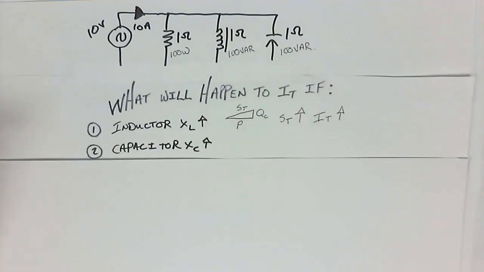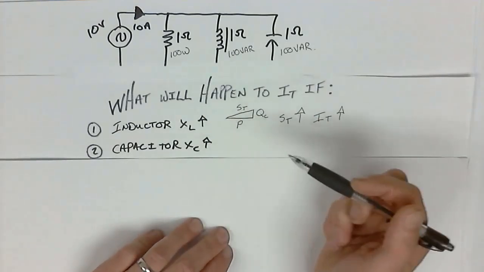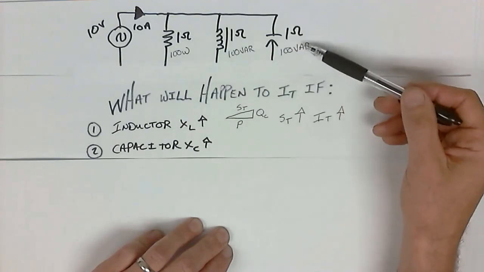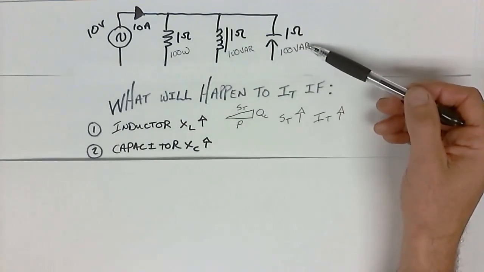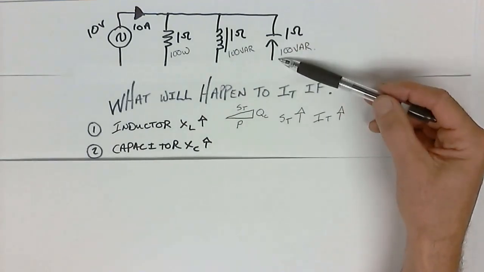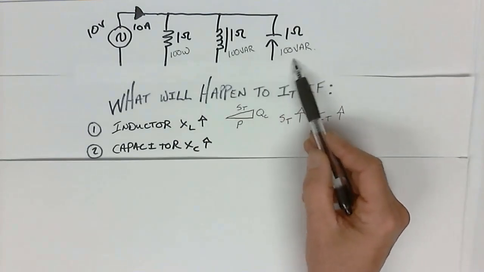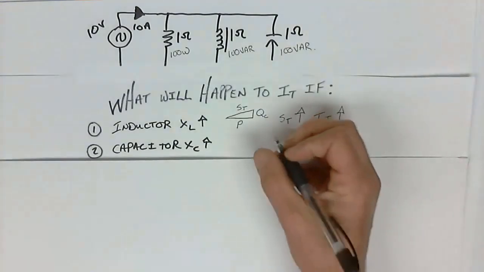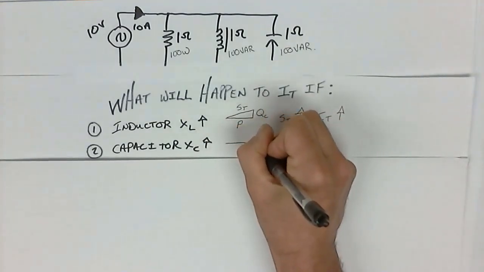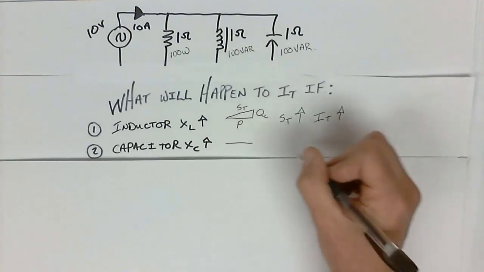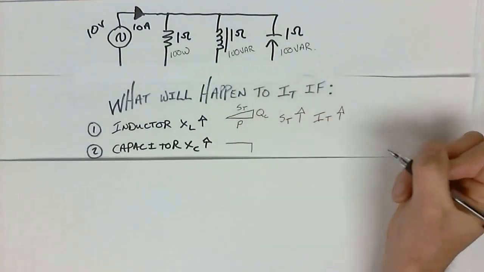Okay, so let's take a look at the capacitor then. What if we were to do the opposite? This time, we're going to increase the XC of the capacitor. If I increase the XC, would that cause the current through the capacitor to decrease? The current through the capacitor would decrease, causing the VAR value of storing and releasing to also decrease, which would then mean that our horizontal power triangle for the entire circuit now looks a little bit like this.